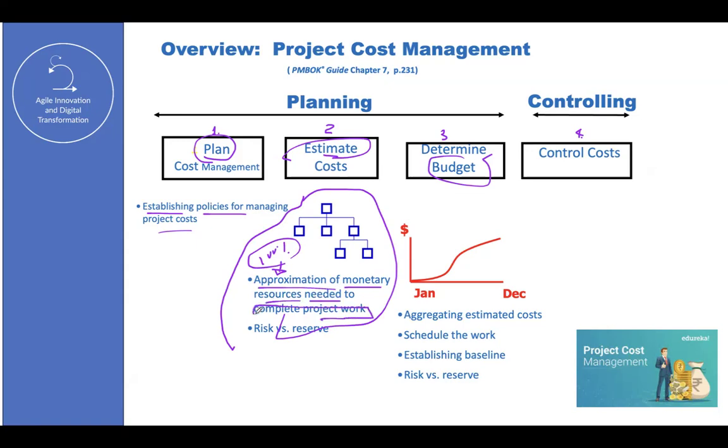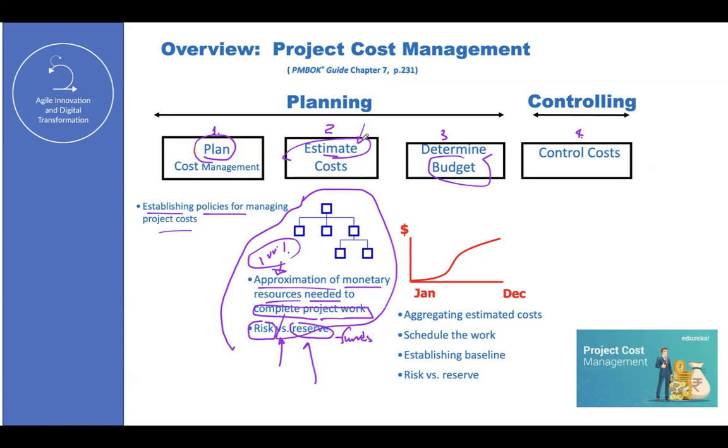There is one very important concept in cost management: you need to put a couple of dollars aside just in case something happens. The name of that extra money is risk and reserve funds. One more time, those are very important concepts when you are estimating cost.